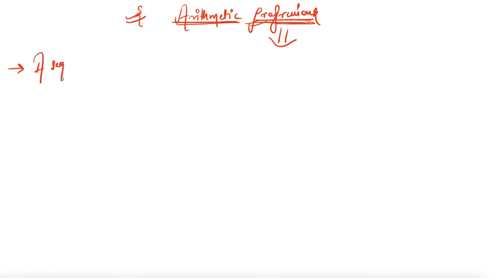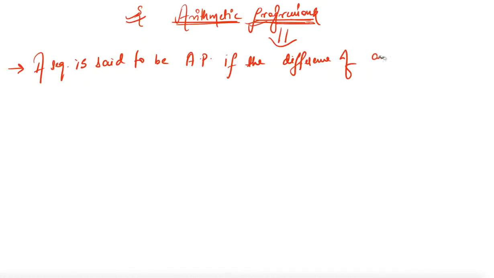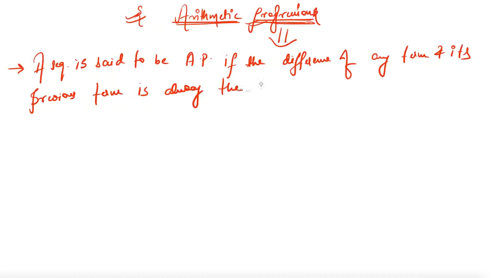A sequence is said to be an arithmetic progression, which is abbreviated as AP, if the difference of any term and its previous term is always the same.